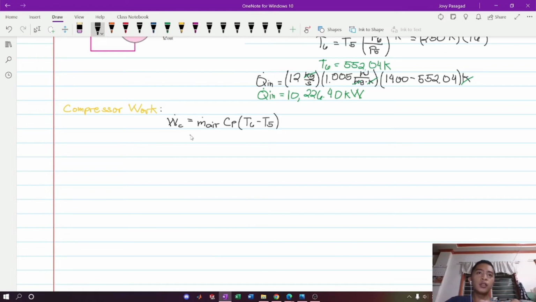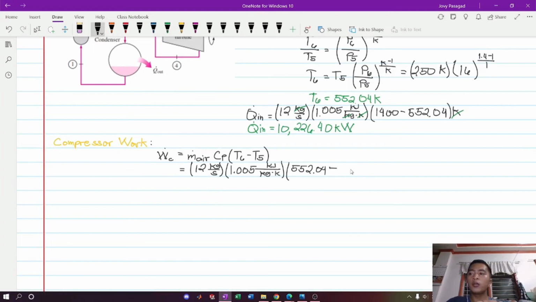Substituting, you have 12 kilograms per second times 1.005 kilojoules per kilogram Kelvin times 552.04 minus 250 Kelvin.